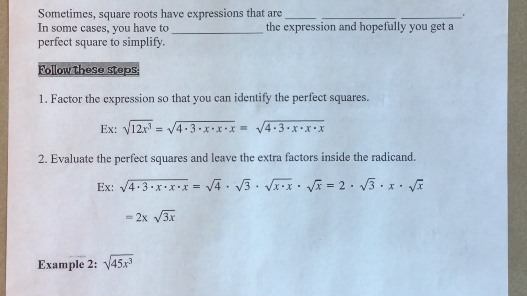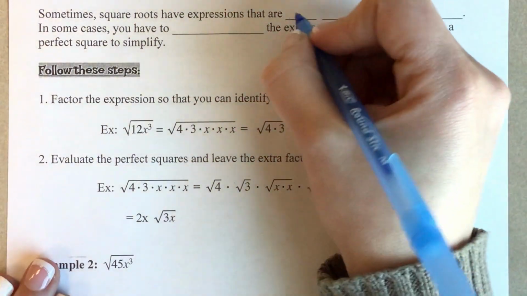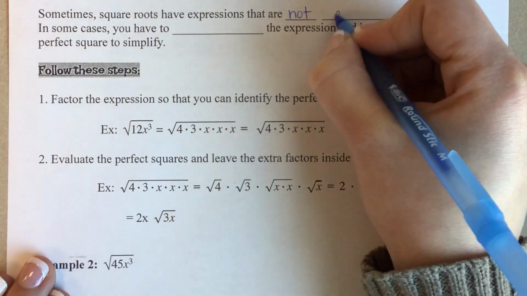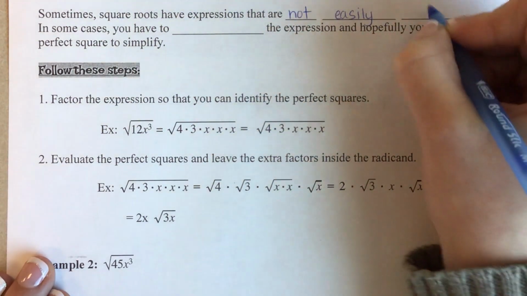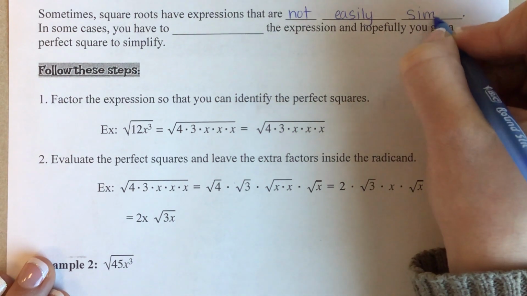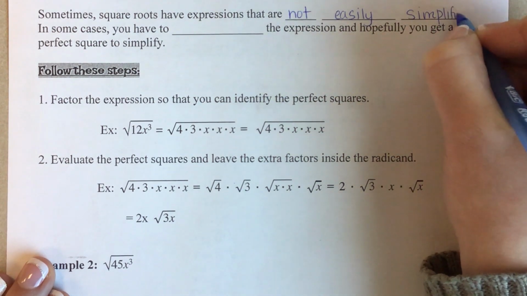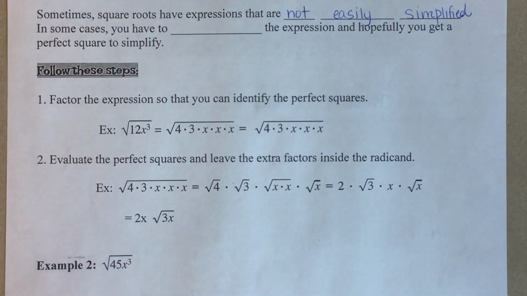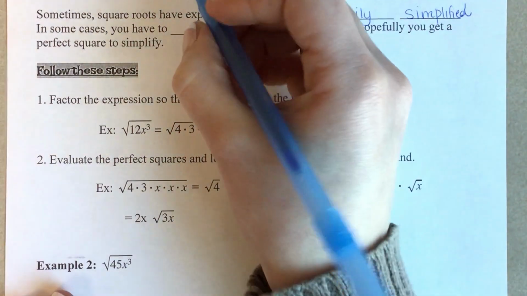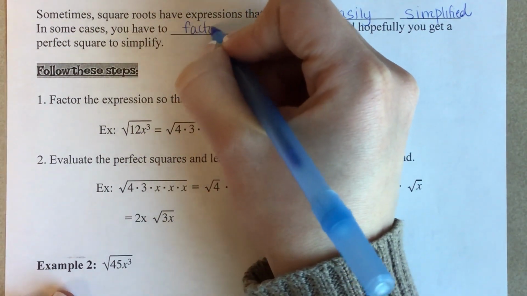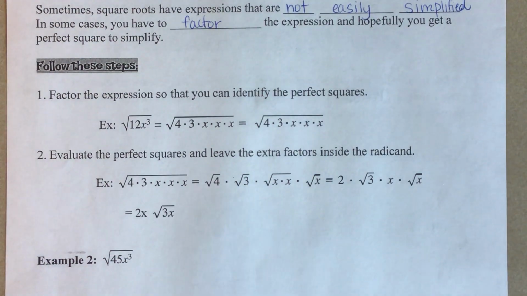So sometimes square roots have expressions that are not easily simplified. In some cases, you have to factor the expression, and hopefully you get a perfect square to simplify.